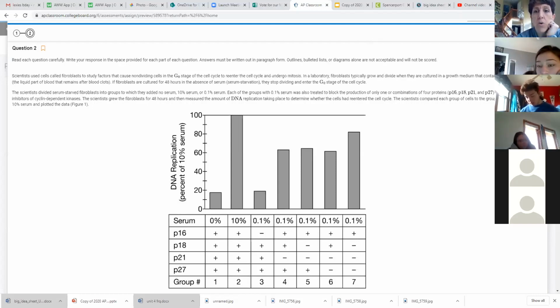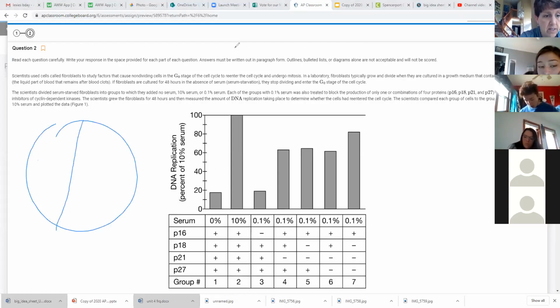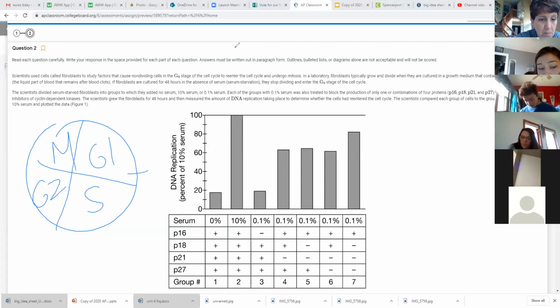Okay, so what I'm going to remind you are some things that you know. Here's G1, S, G2, and mitosis. My goal is right now my cells are in G0. I want them to pass. If they pass the checkpoint, they will do DNA replication.